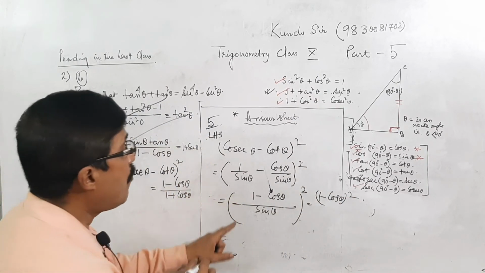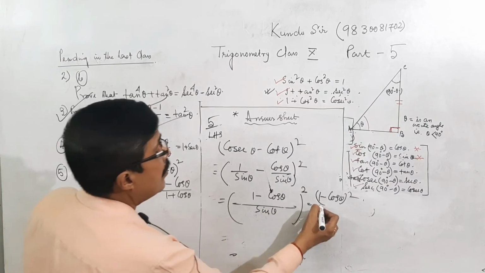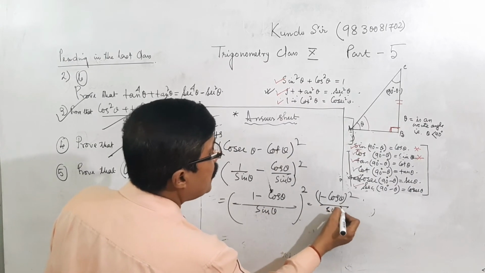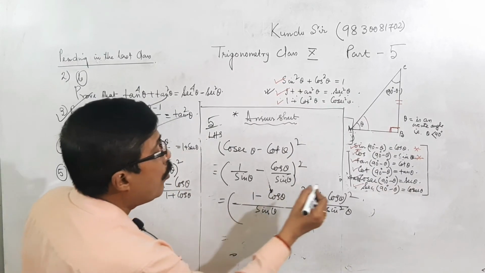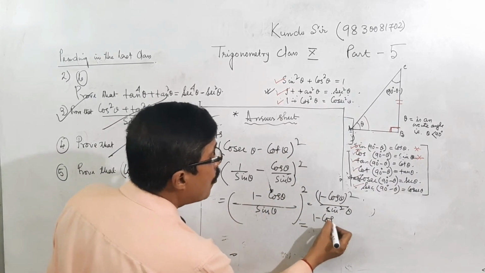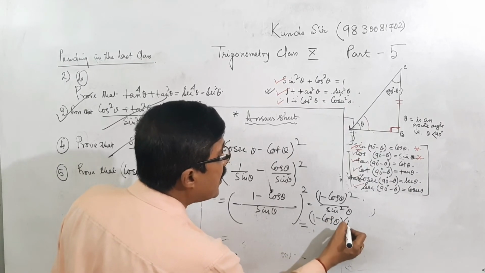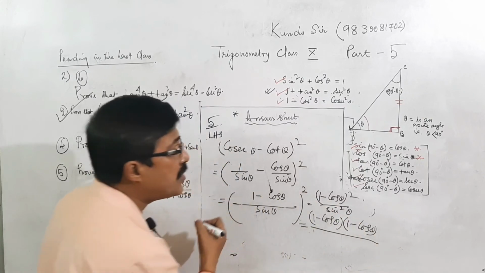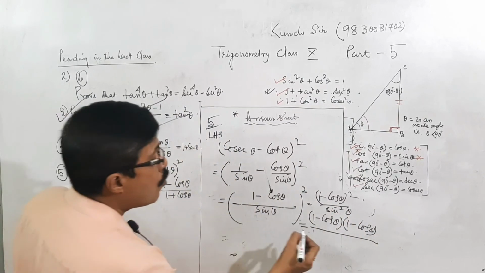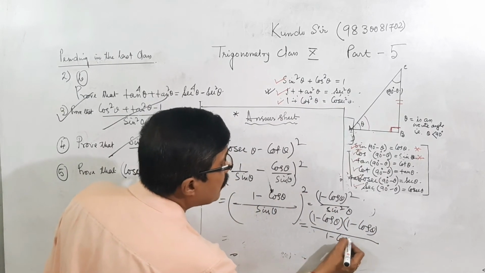That is divided by sin square theta. 1 minus cos theta whole square can be written as 1 minus cos theta and 1 minus cos theta, and sin square theta can be written as 1 minus cos square theta.